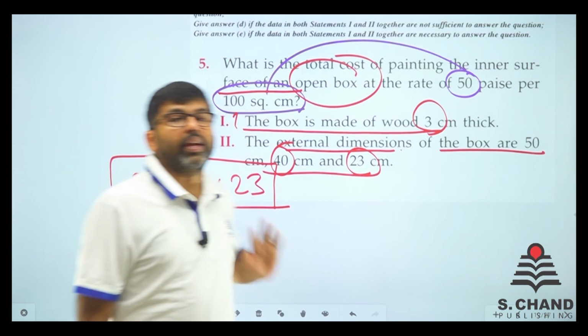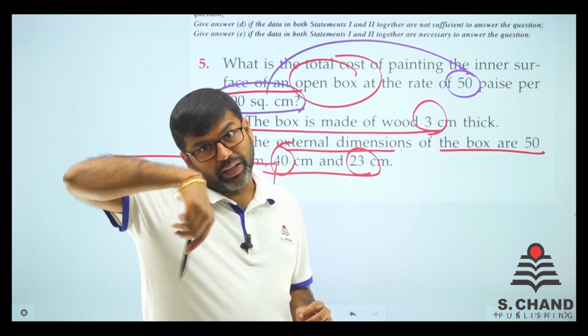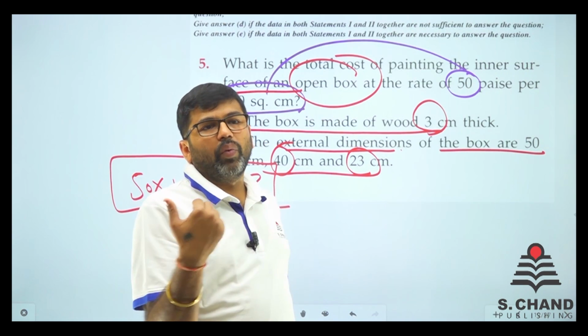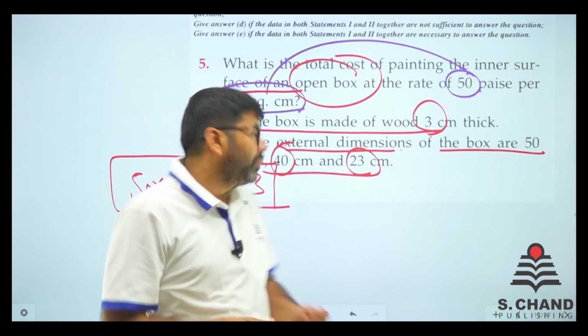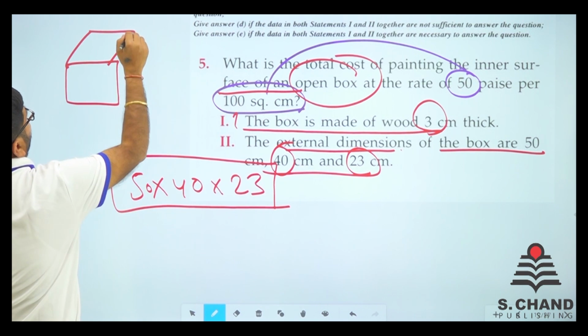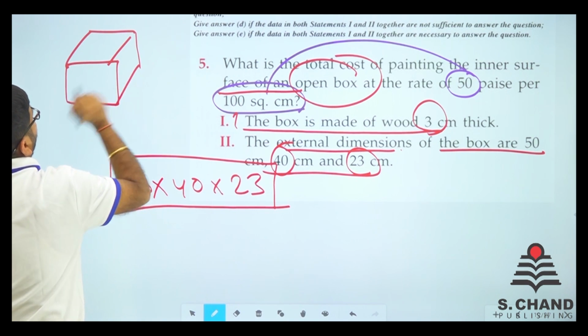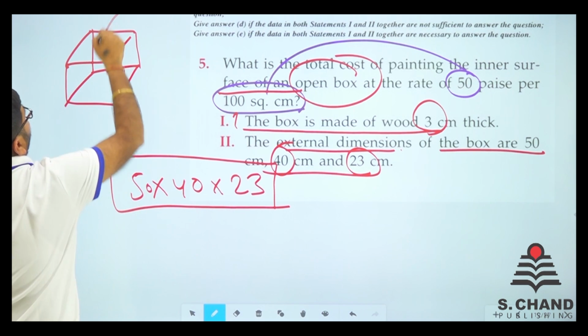We have got LBH. If we want to calculate the inner surface area, we have a box something like this, right? And we need to find out the inner surface area.